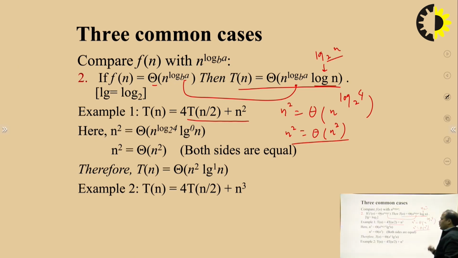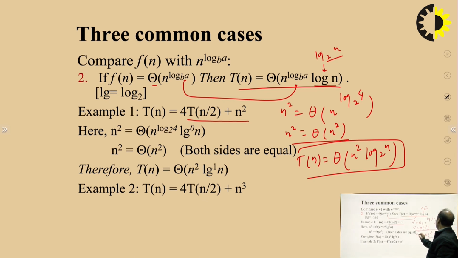That means this is equal, n square equals n square, so case 2 is applicable. So what is the solution? The solution is very easy. T(n) will be theta, whatever we have here, n square, appended with log n base 2. So this is a very easy method for solving recurrences, right?